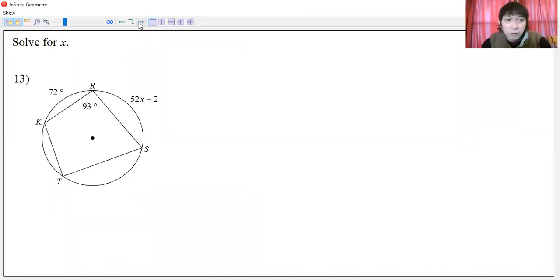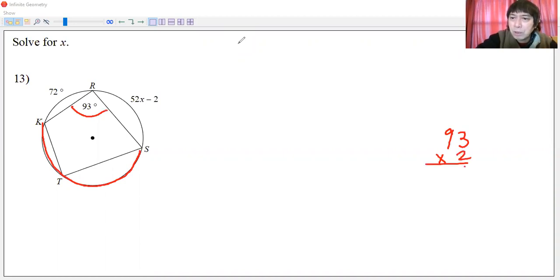This is only solved for x. But then how do we go about the x? Let's do a little analysis of the drawing. One inscribed angle there subtends the arc over here. So that means 93 times 2, so we have 186 for this arc here.